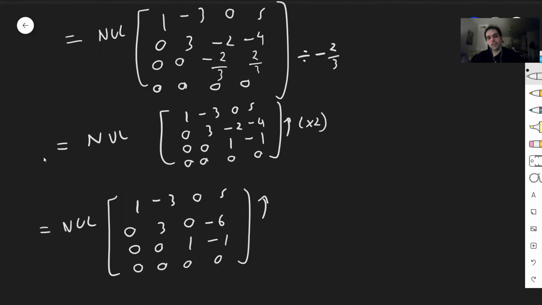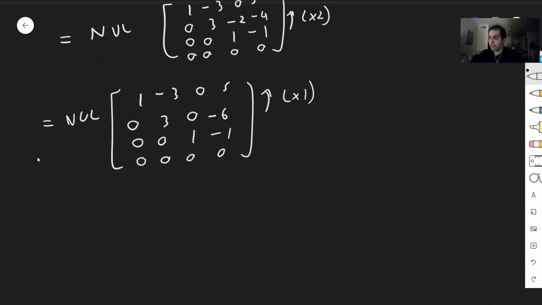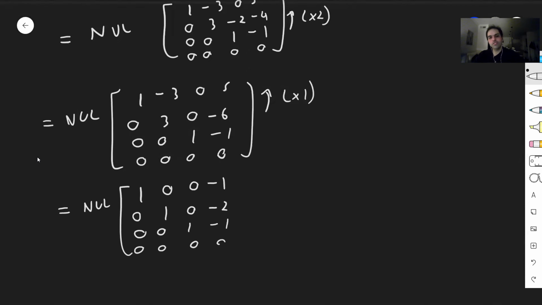And then again, you could divide by 3, but here let's just add this to it. And so we get null space of 1, 0, 0, minus 1. And now we can divide by 3: 0, 1, 0, minus 2, 0, 0, 1, minus 1, 0, 0, 0, 0.